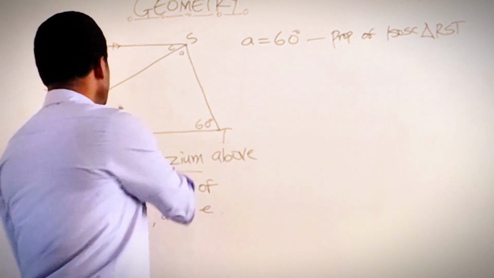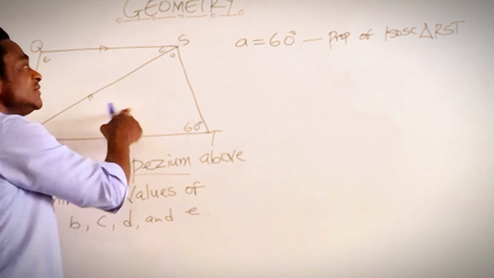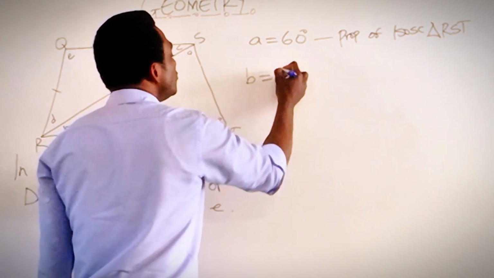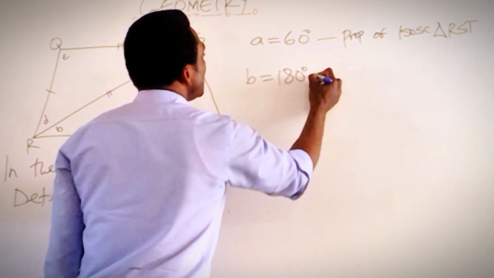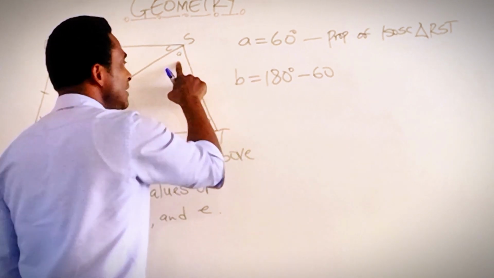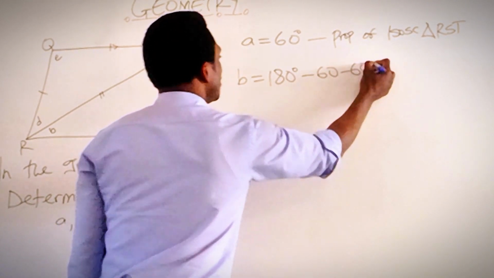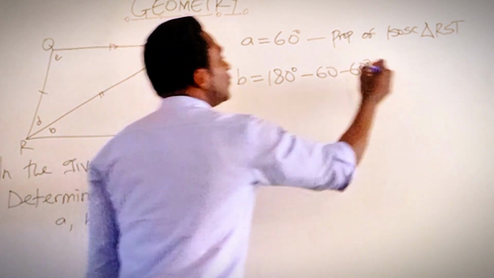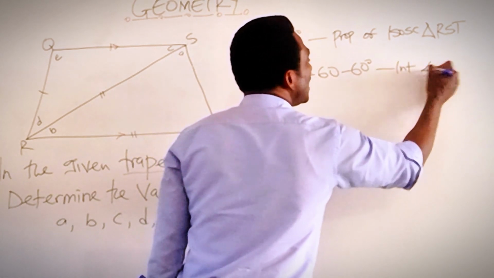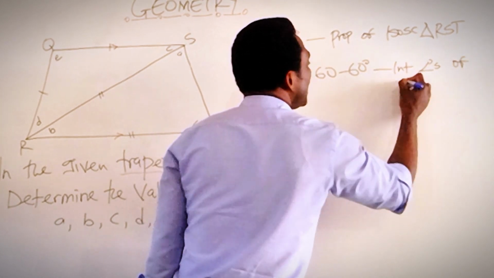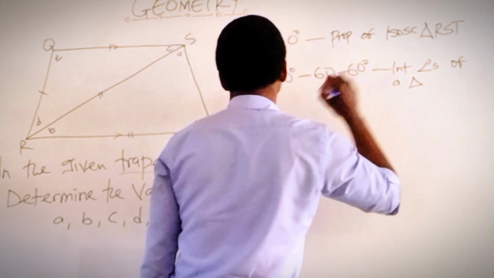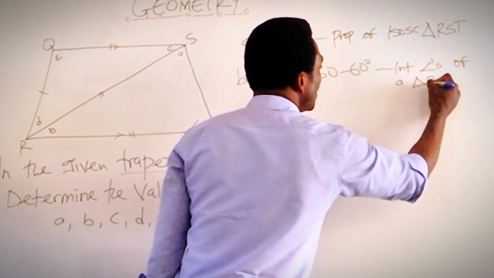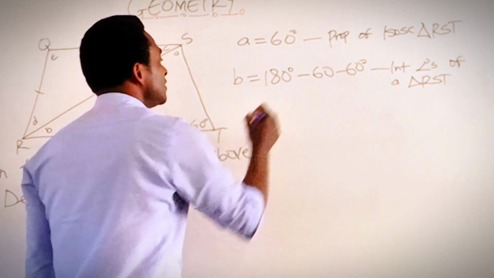Now let's go to B. B is still in the same triangle, so let's complete that. So B will be 180 minus 60 for A, minus 60, the one that was given. So we have sum of interior angles of a triangle, and in this case, we are looking at triangle RST still.